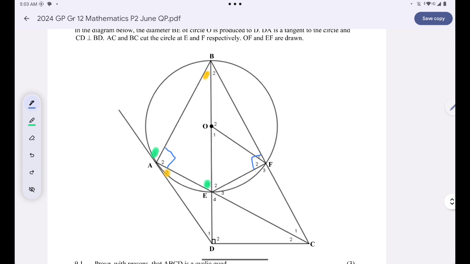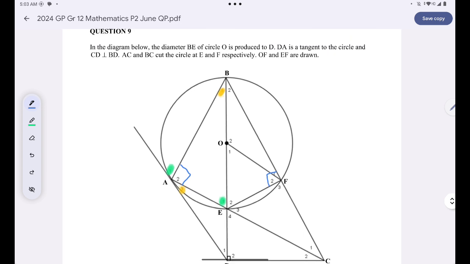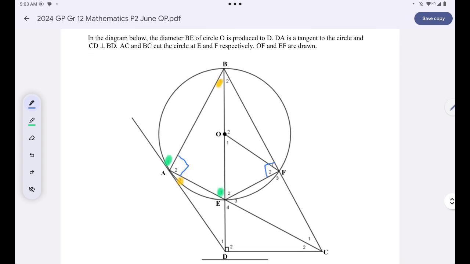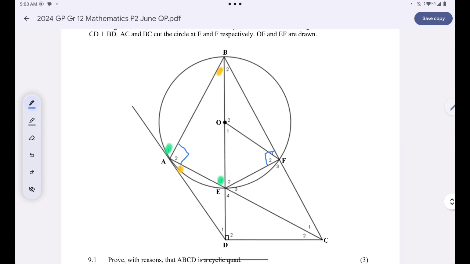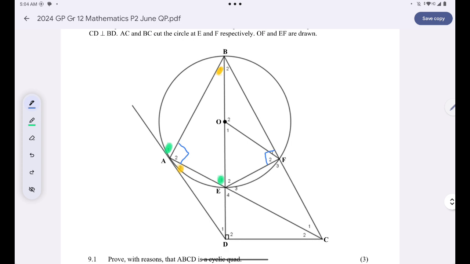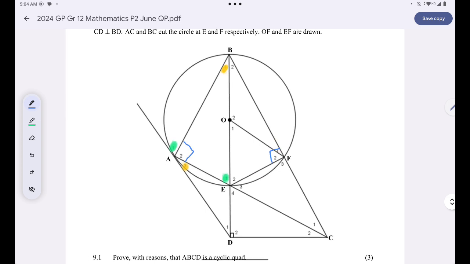Are you together? Or if you can show that the exterior angle is equal to the interior opposite angle, therefore you can conclude that that particular shape is a cyclic quad. Lastly, if you can show that the angles in the same segment of that particular shape are the same, then it simply means that that particular shape is a cyclic quad.